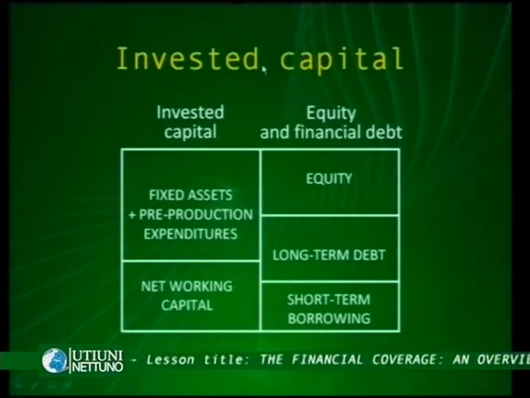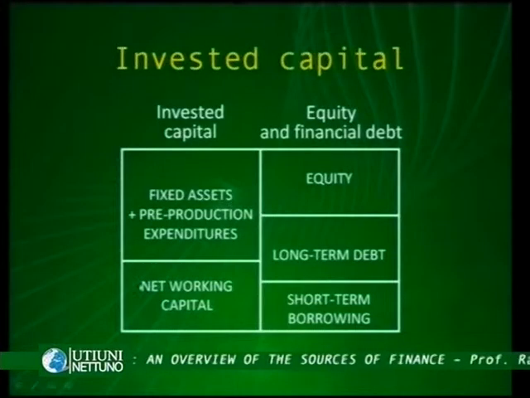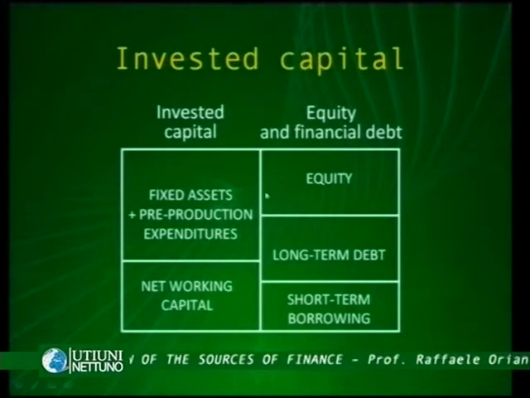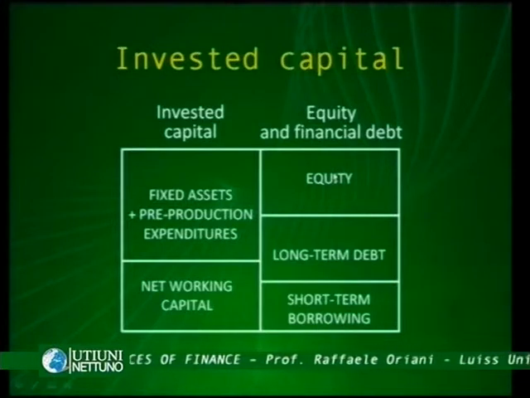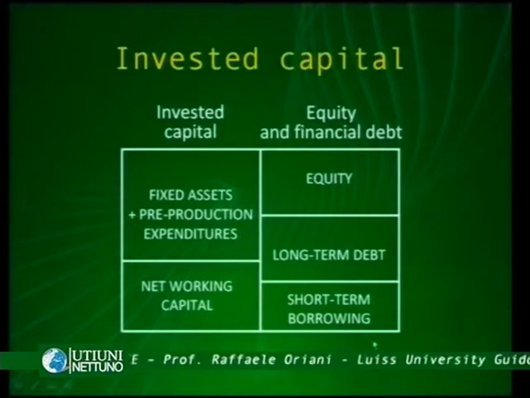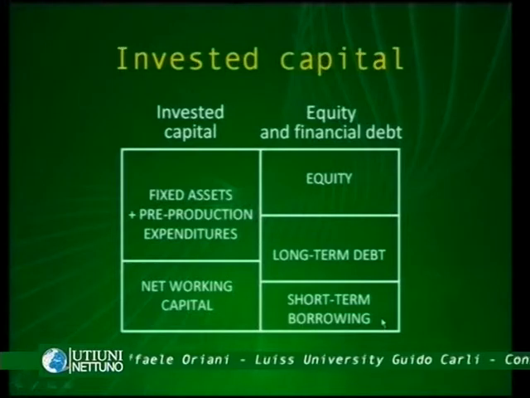So this representation of the balance sheet has the merit of representing in a clear way the financing need of the project on the left side and the financial sources that are used to cover this financing need, without considering on the right side the current liabilities that are instead not negotiated with the banks but spontaneously generated by the operations of the project. And just a final remark before closing this lesson.